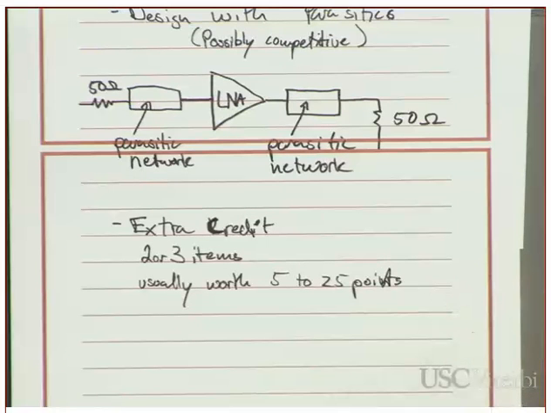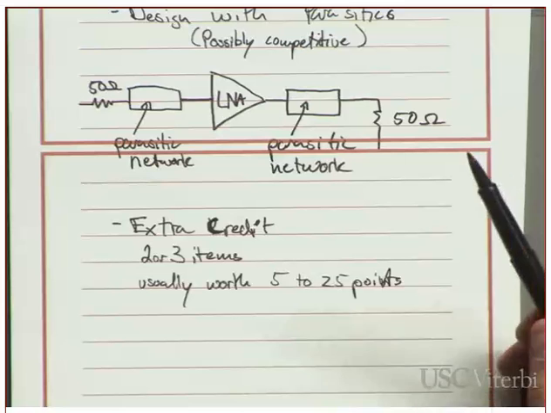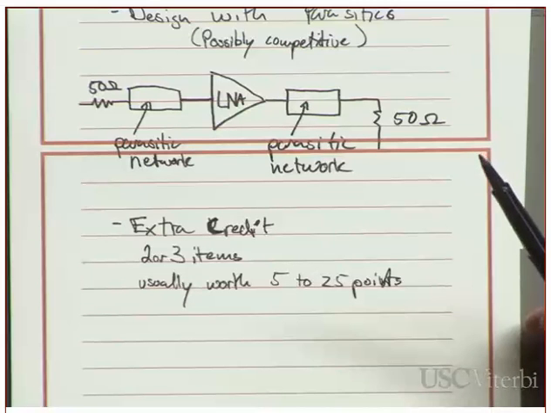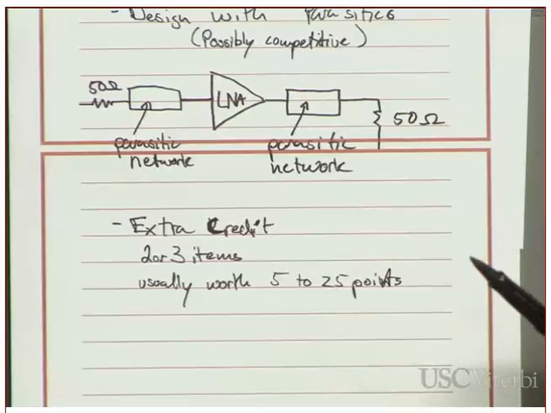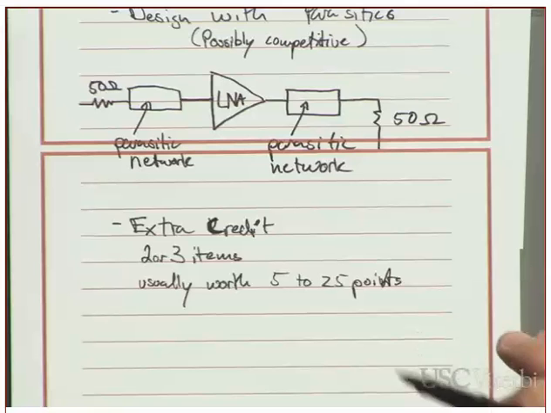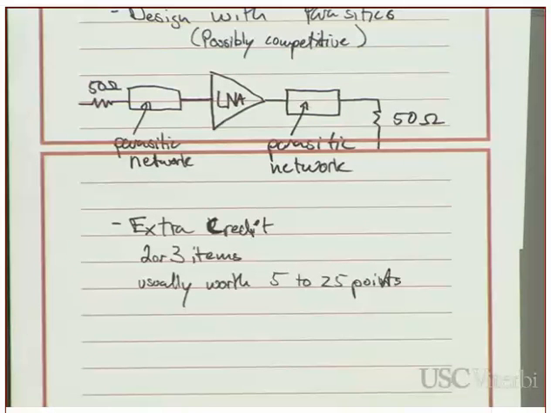And for a single-ended active mixer, there's a lot less information out there about doing that. And so in order to do a double-ended mixer, we have to go into the idea of designing a balun and all that kind of stuff.